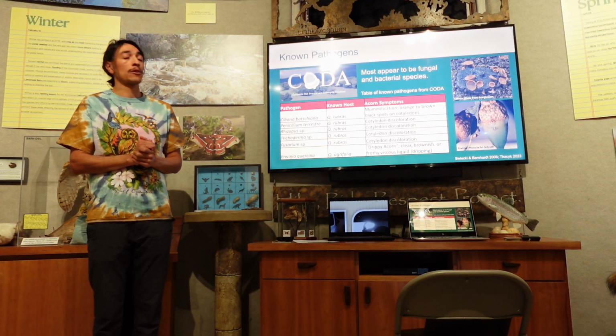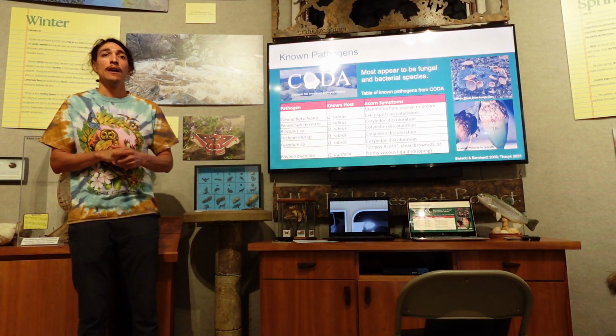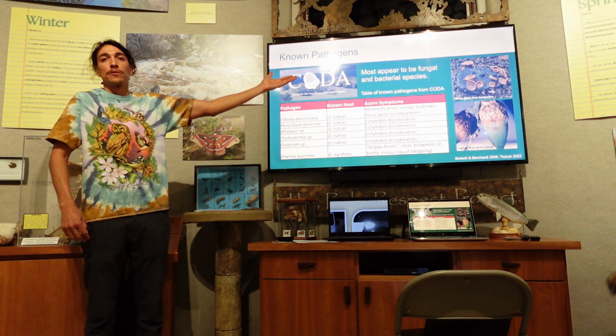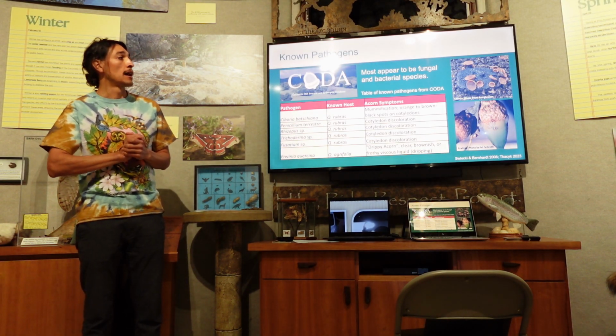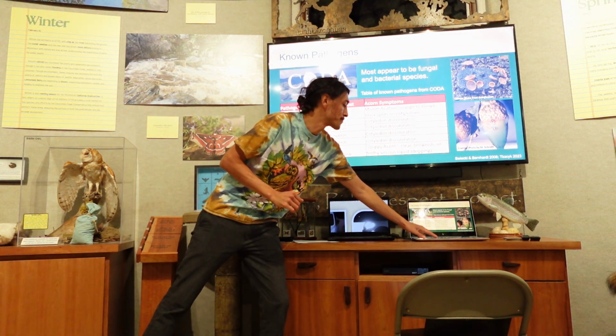The only black acorn symptom that I saw in the literature is pictured on the top right there, where you can see the reproductive structures of the mushroom coming out of the acorn, but that is not what we're seeing in the symptoms described in the research.